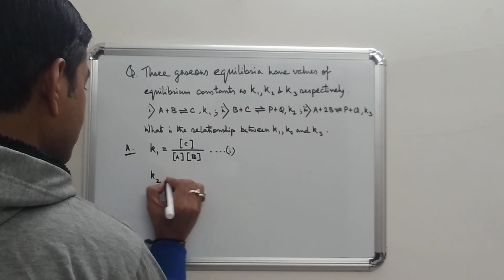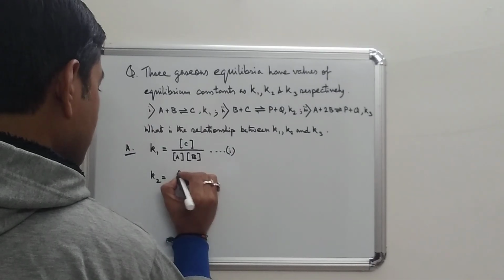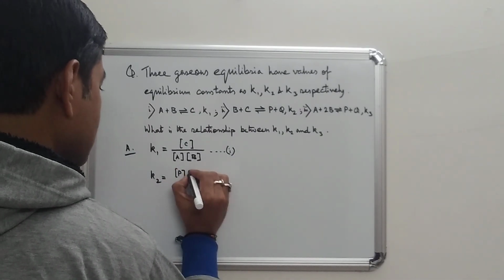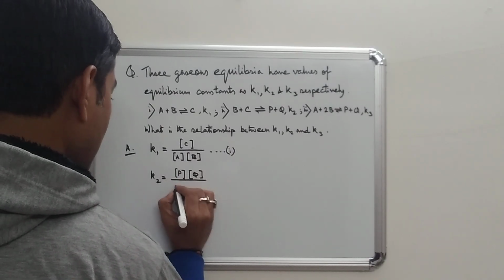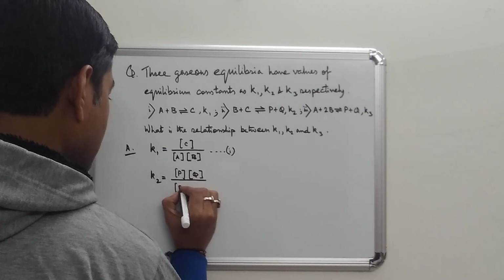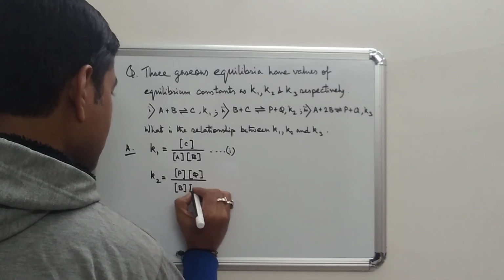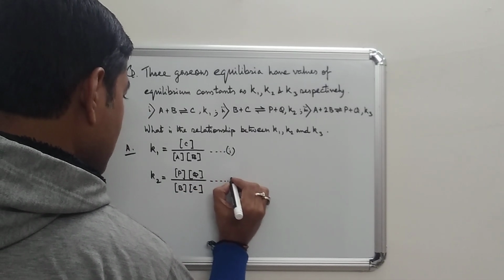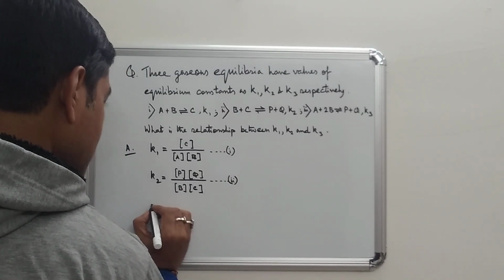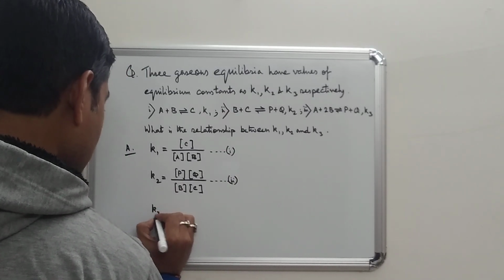For K2, it is the product concentration in the numerator, and in the denominator there will be the reactants concentration, that is the second relation.